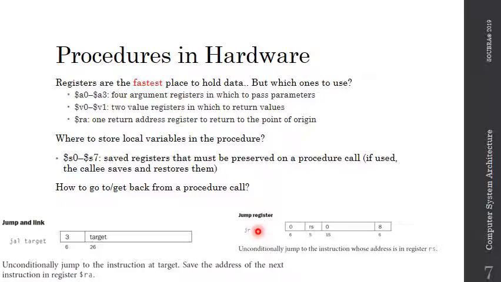This is a jump register, JR, and it means that I'm going to jump to whatever address is specified in register RS, and in this case, register RS would simply be register RA. Fair enough? So I'm jumping to a value that is inside of a register, and in the case of functions, I need to jump back to the original caller, the main function, the point of origin. Well, I'm going to use whatever value I stored using my jump and link here.